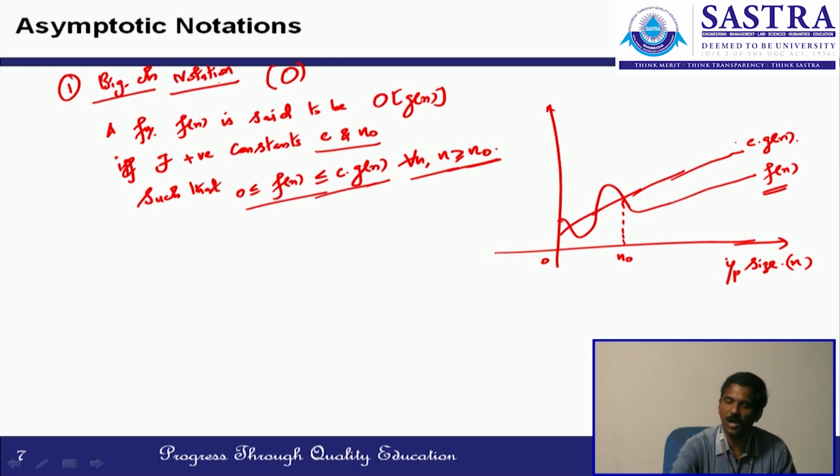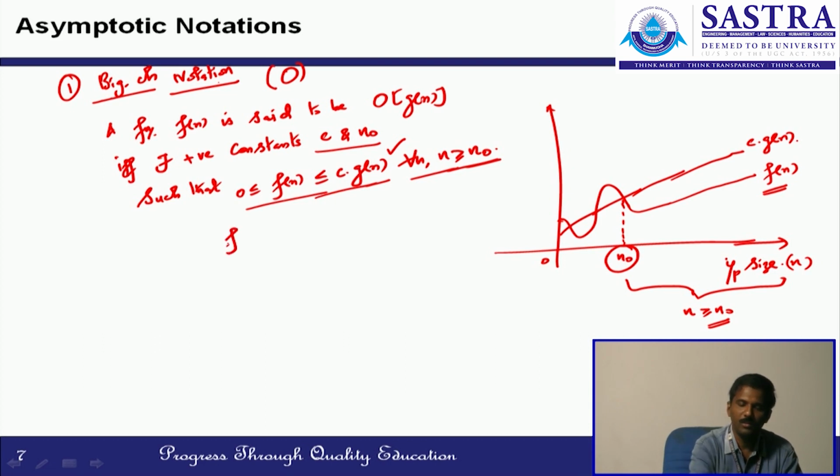After this point, when the input size n is greater than or equal to n0, the relationship f of n less than or equal to c into g of n is satisfied for all n greater than or equal to n0. So, f of n is said to be big O of g of n.